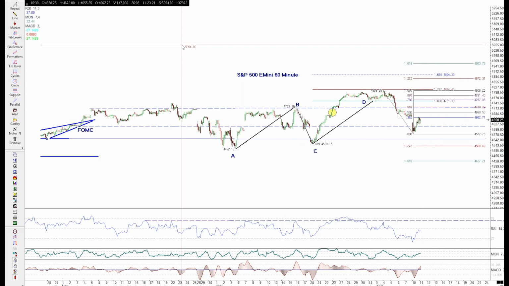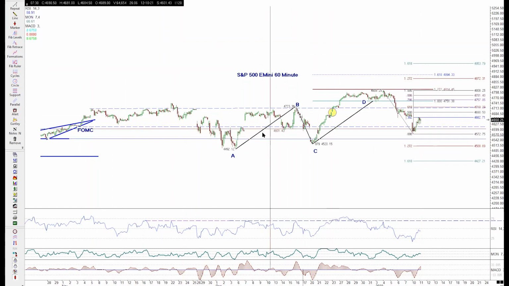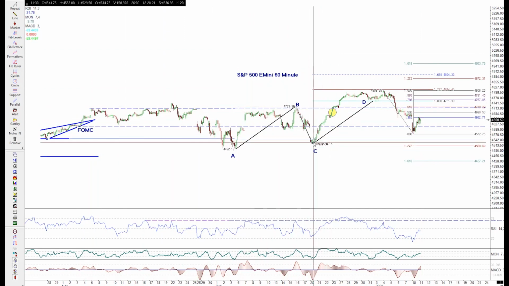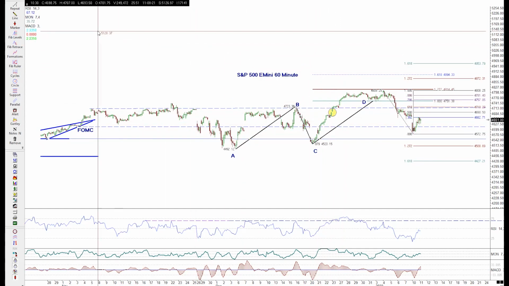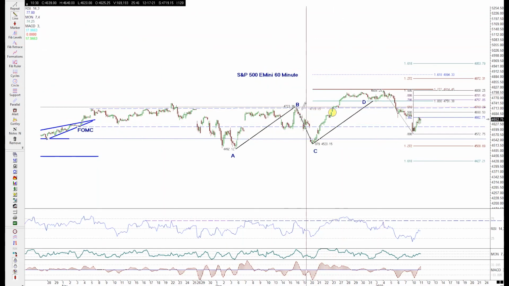Okay, so let me show you a little trick with this pattern. So you can see the slope and angle from this line on the A to B. Notice the prices on the C to D. Notice how when they come up to the completion point right here, how much steeper that angle is. Well, sometimes you can find where the completion area is by using some time.